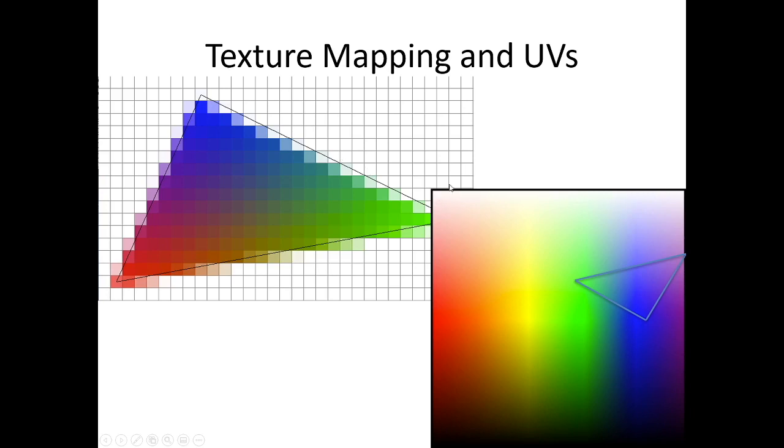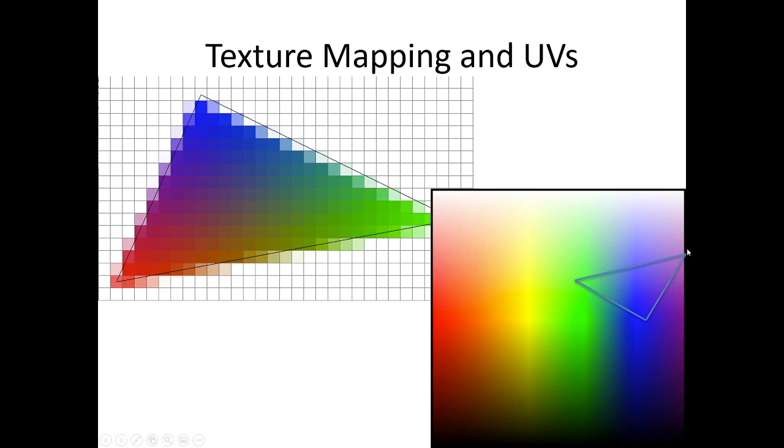U and V simply differentiate from the X, Y, Z we normally use for everything else. U and V go from 0 to 1, so 0 U is here, and 1 U is over here, and 0 V is here, and 1 V is over here. So this is like 1, 1 down here, and there's 0.5, 0.5. We pick different values, and again, this is the artist picking these values through some arbitrary process.